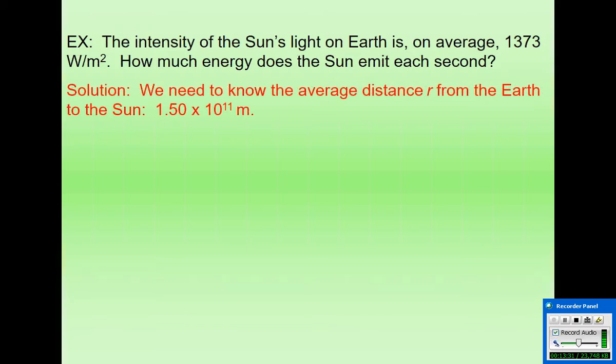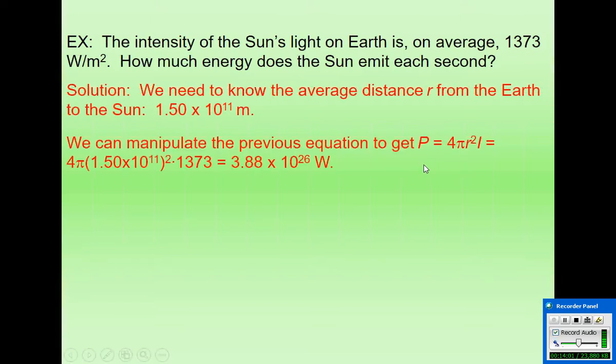In this question, we're being asked how much energy the sun emits each second, and in order to answer this question, we are going to assume that the sun is a perfectly isotropic source, and that's a pretty good approximation. But we also need to know how far away Earth is from the sun. If this were a test question, I would give that to you. It's 1.50 times 10 to the 11 meters on average.